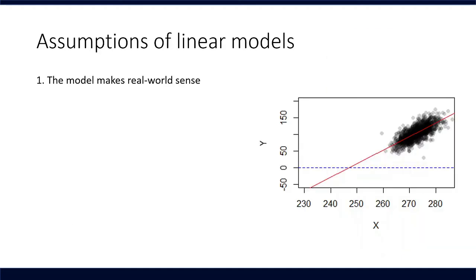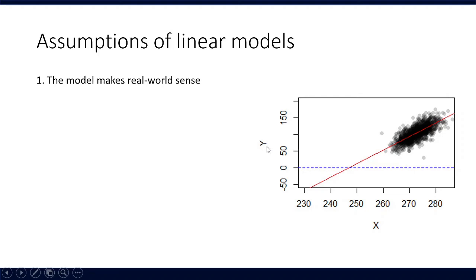Now, linear models make several assumptions about data. There are 6 that I really want to focus on, and I'm going to list them in order of their importance. The first assumption of a linear model is that the model actually makes real-world sense, that the model predicts values that are realistic. For example, let's look at this plot here.